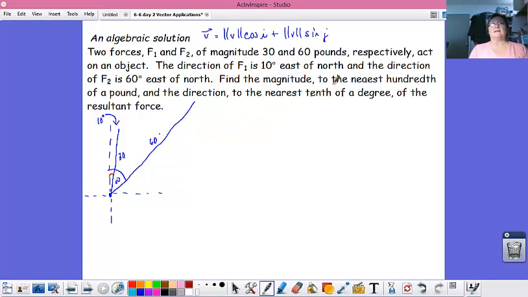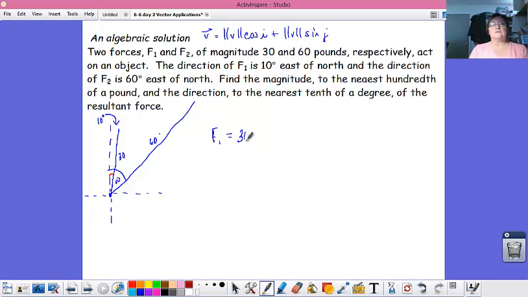Our job is to find the magnitude of the resultant force. And remember, the resultant force comes from adding. So we want to add together the vectors for force 1 and force 2. Let's find the vector written in this format for force 1. The magnitude we are given is 30.